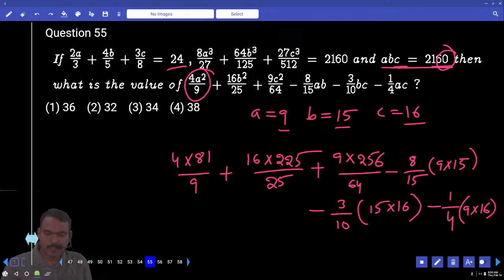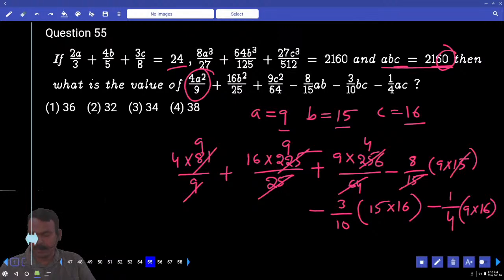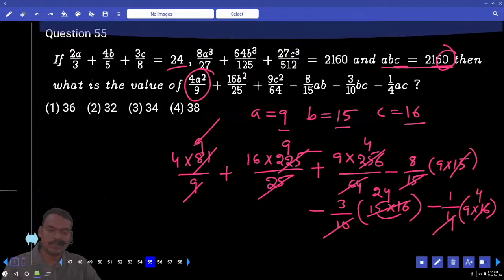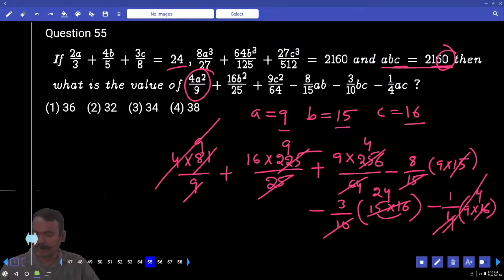Okay, 9 how many times? 81, 9 times. 25, how many times? 9 times. And 64, how many times? 4 times. 15 cancels. 15 into 16 is 240; 10, how many times? 24 times. 4, how many times? 4 times. 4 nines are 36, here 4 nines are 36, cancel. 3 into 24 is 72.